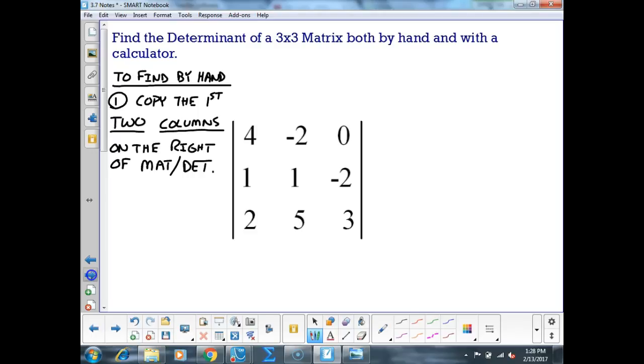In this case, we have it given to us in determinant form. So we're going to copy the first 2 columns on the right.